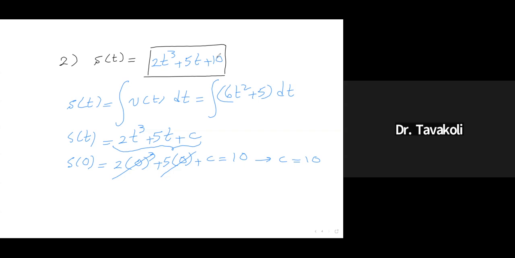Okay, let's see another example. Please do this on your own. Let a of t be e to the power of t. And also we know that v at 0 is 2 and s at 0 is 4.